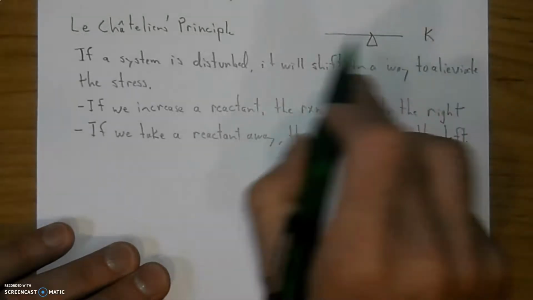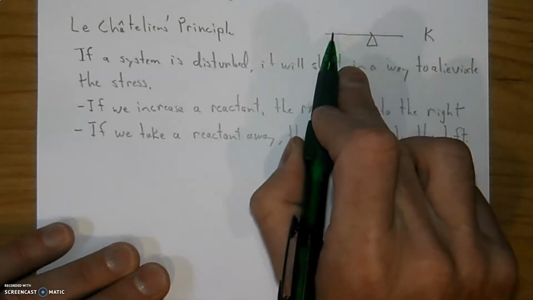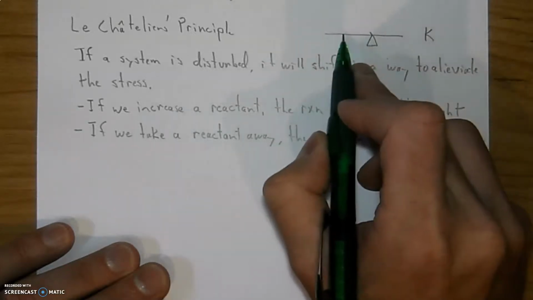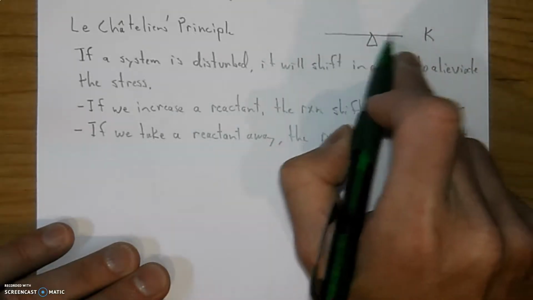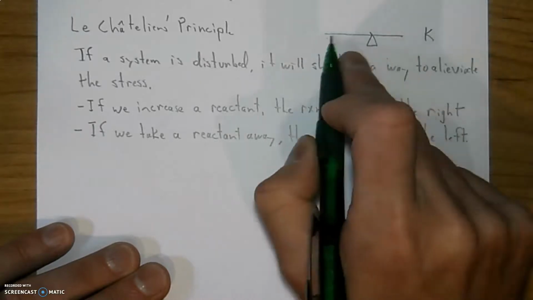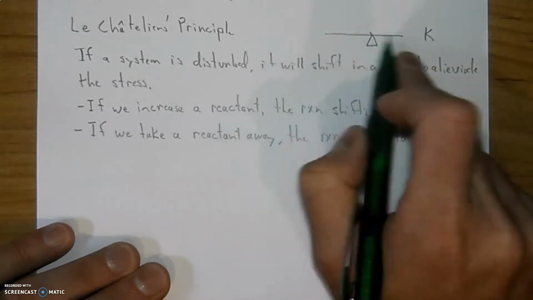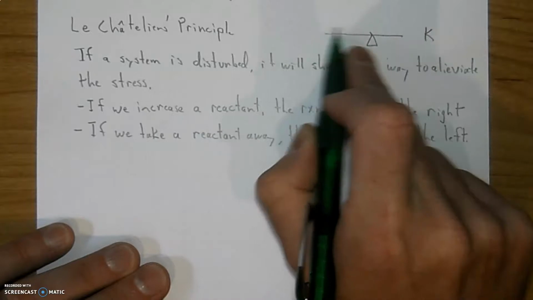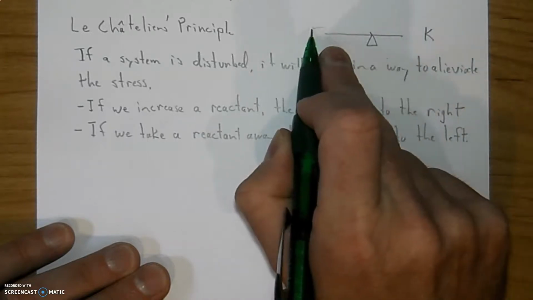So again, think of this like a teeter-totter. If I take some of the weight away, I take a reactant away, it bounces up. The right side becomes relatively heavier than the left. In order to bring back this balance, I have to take some of the products and shift them back to the left.